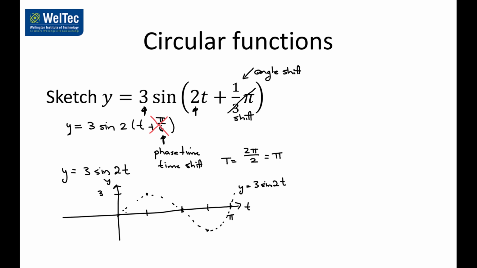What we're going to do is shift it. You can use a formula for it: the phase shift or time shift is alpha over omega, and it's going to go that many units left if alpha is positive. So this is a rule that sorts out which way you're going, left or right.